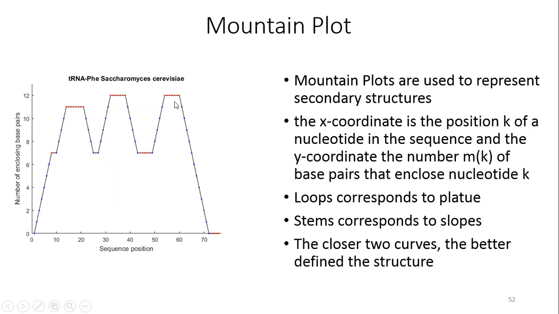To keep it simple, the loops in your RNA secondary structure would correspond to the plateaus, while the stems would correspond to the slopes. The closer these two curves are, the better defined is the secondary structure.